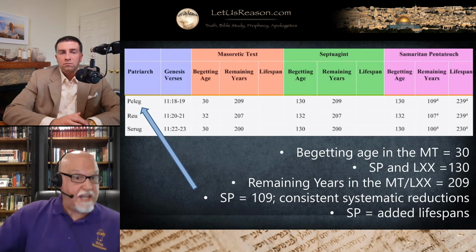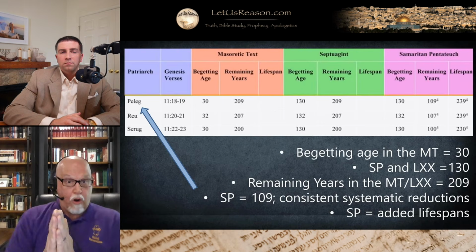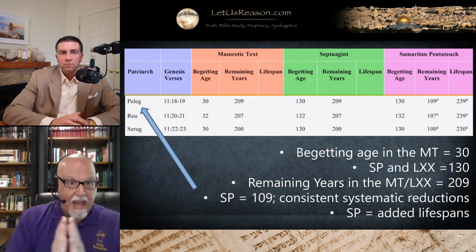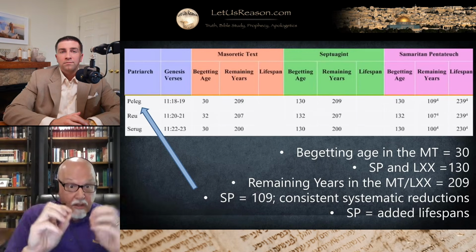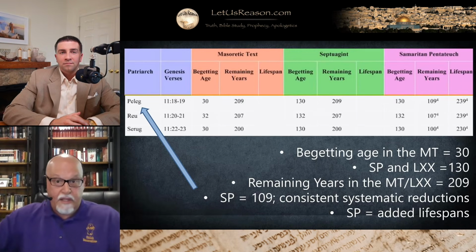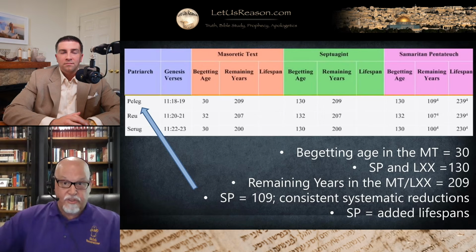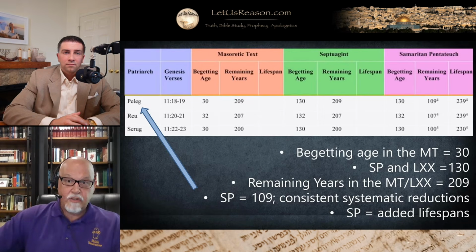So let's just keep a simple example for our audience. We'll pick Peleg. Peleg is very easy to analyze. So we'll zero in on one of the men in the post-flood world. You'll see here a comparison. His begetting age, that is the year that Reu is born, who's the next patriarch, is 30.